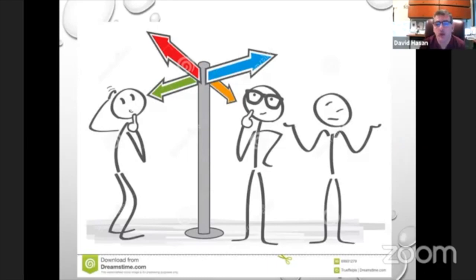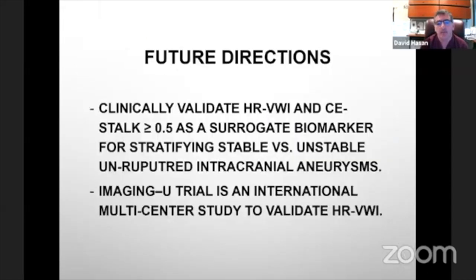I shared with you a lot of data that shows promise that this technique can be used in differentiating stable from unstable aneurysms. There is a lot of work to be done, but the next step, I think, is to validate it prospectively in a larger clinical trial.